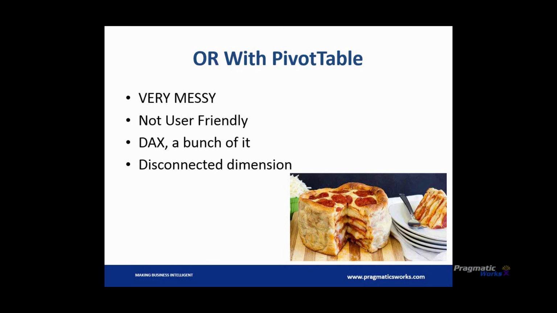So there's really no good way to present this to your users inside of your pivot table. There is just a massive amount of DAX that goes into this. To switch one single calculation over for this is probably 10 lines of code. So it's just not a very usable solution for people.